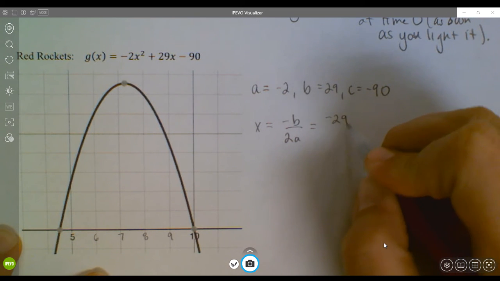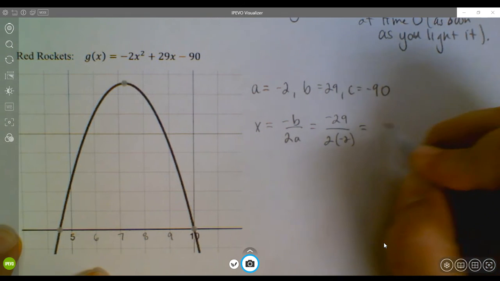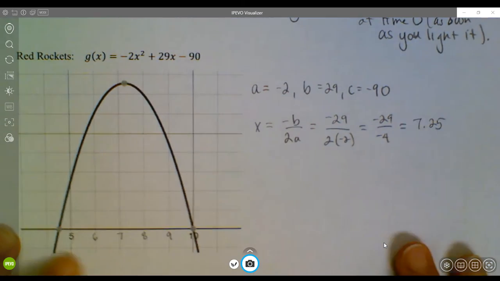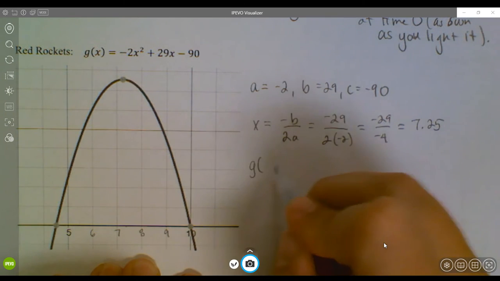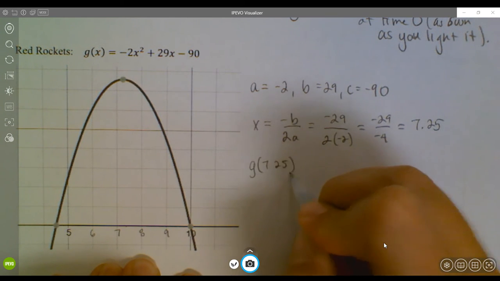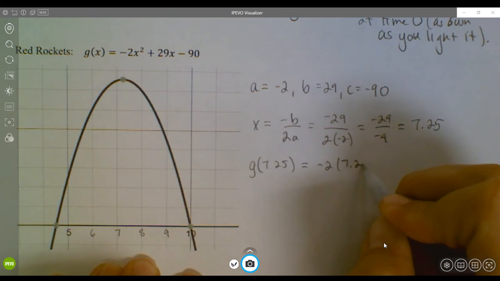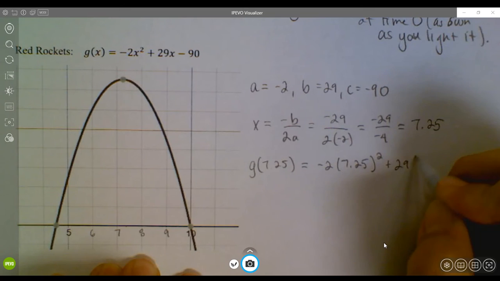So it's the negative of 29 divided by 2 times -2. So -29 divided by -4 is 7 1/4, also known as 7.25. So my input value is 7.25, and I'm going to substitute that everywhere I see an x in the function.